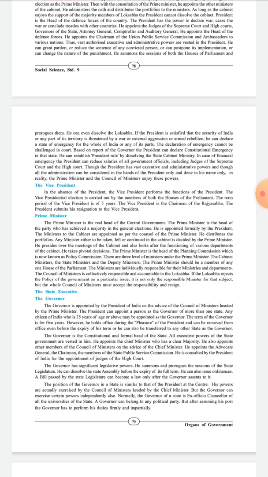The prime minister has the power to decide which minister to select, remove, or allow to continue in the cabinet. He presides over the meetings of the cabinet, and he also looks after the functioning of the various departments. The prime minister also takes decisions on crucial matters brought to him by the cabinet.